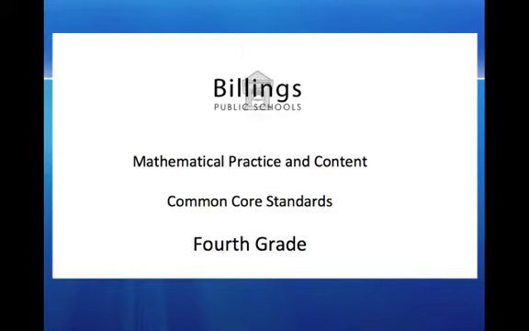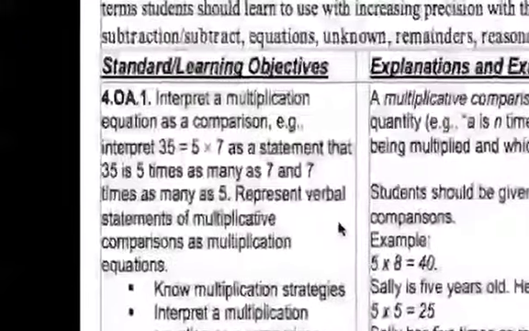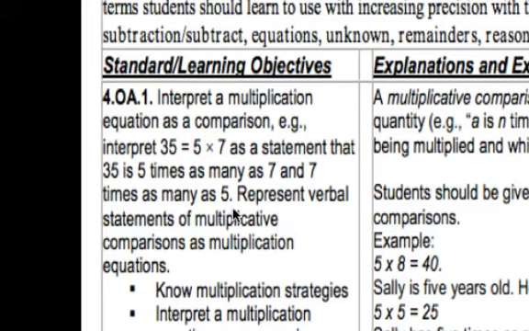It's off of the Curriculum Department website. And here what I'd like to show you is in the domain of operations and algebraic thinking. This is 4th grade standard 1. This standard has to do with interpreting a multiplication equation as a comparison. So for example, interpret 35 = 5 × 7 as a statement that 35 is 5 times as many as 7 and 7 times as many as 5.